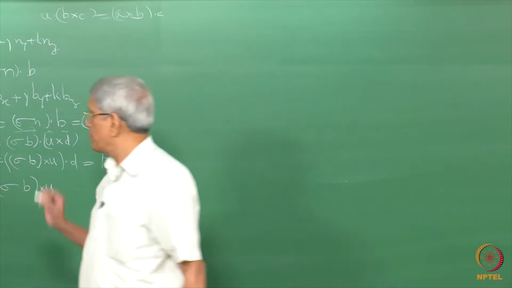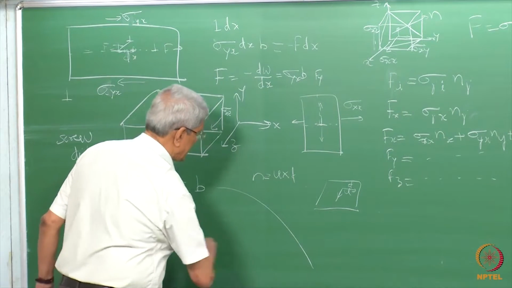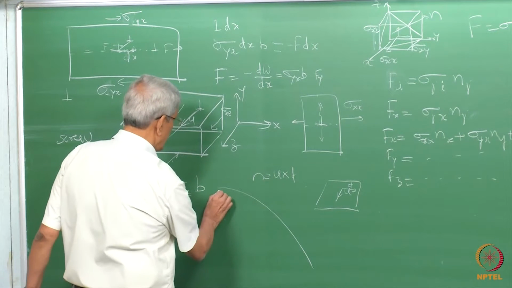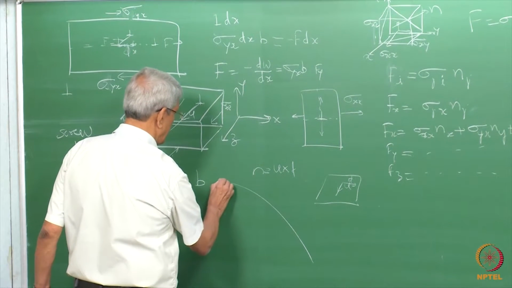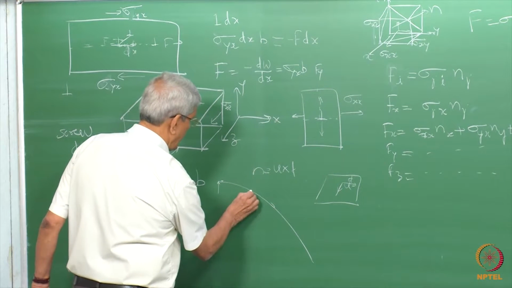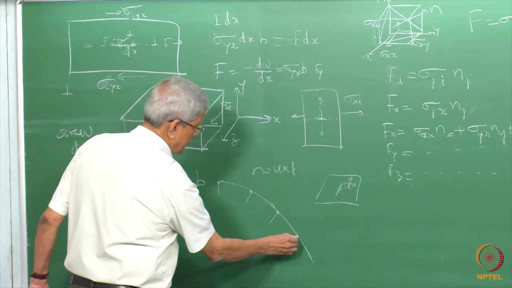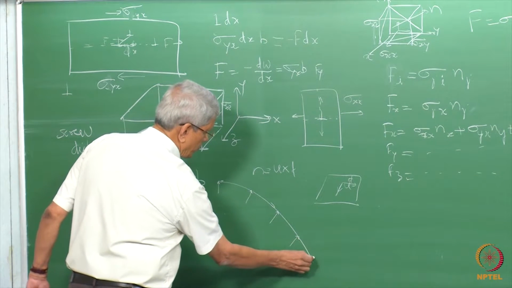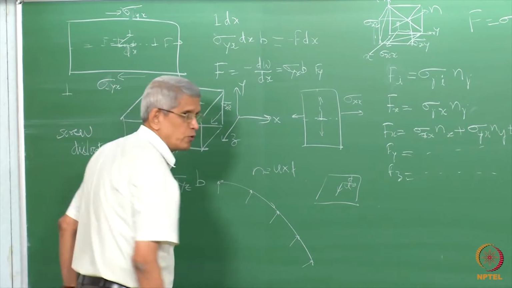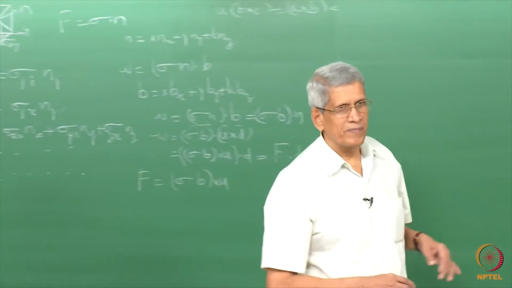Suppose we have a dislocation which is curved like this. The force will be in this direction, because this will be the line direction, and here the force will be in this direction, and here too. You look at this, the force has to be perpendicular to the line direction.